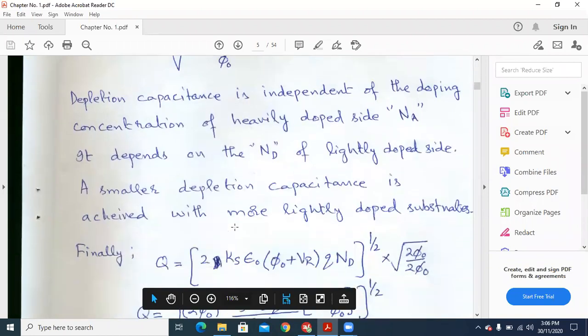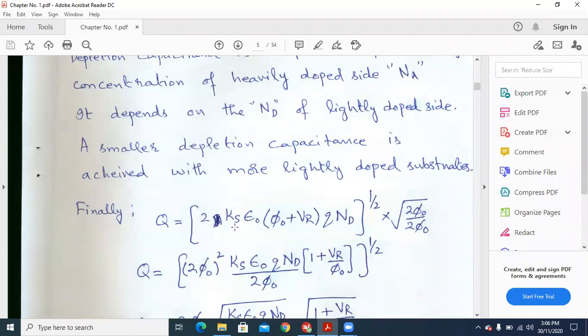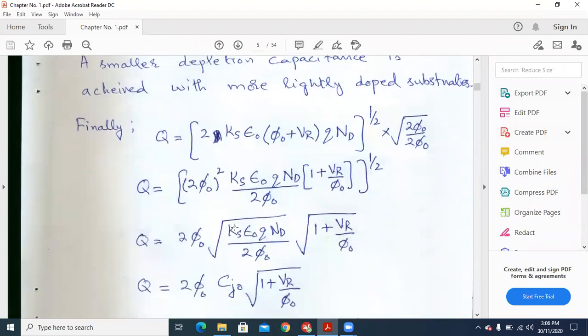If we go further, we can have this relationship. We know that this is the total charge, and this total charge is simplified in this form. Then you multiply it by the square root of 2 phi naught and divide it by the square root of 2 phi naught.